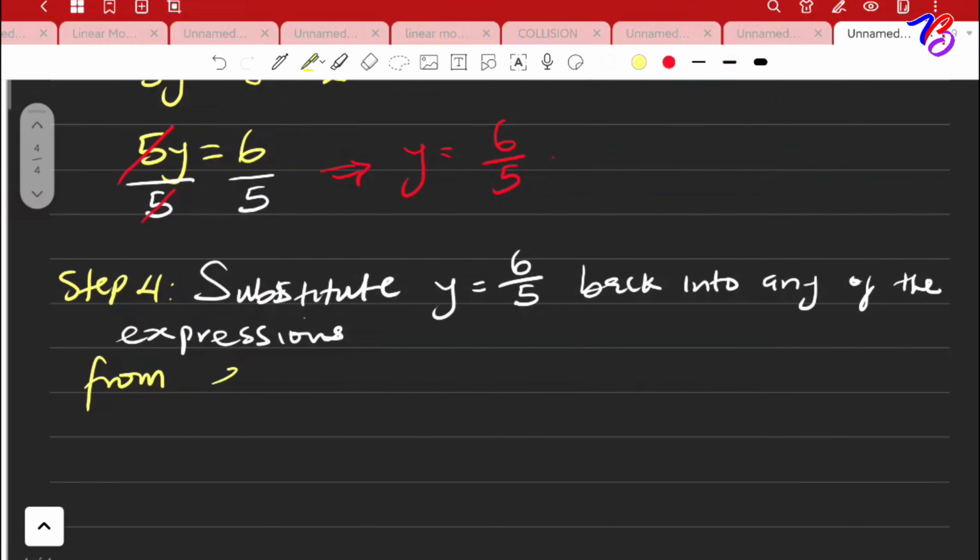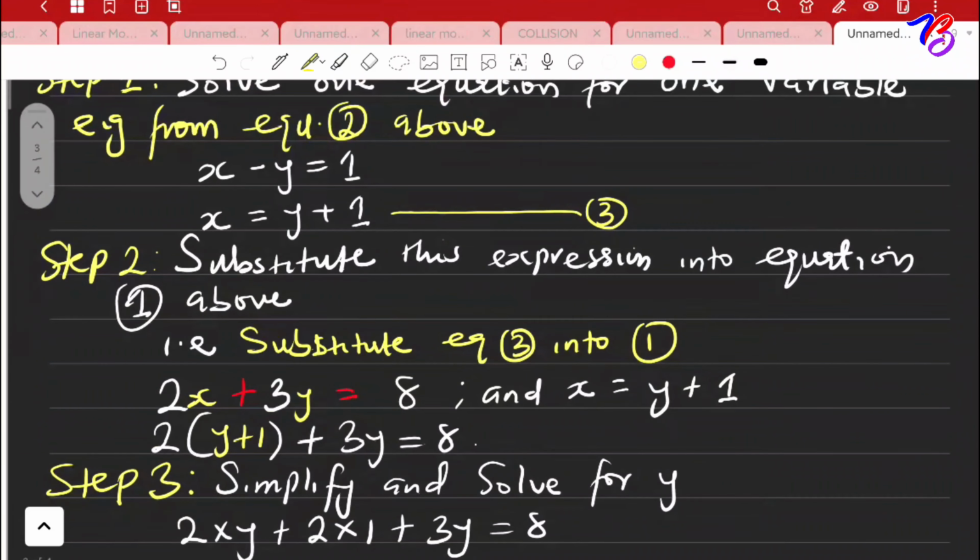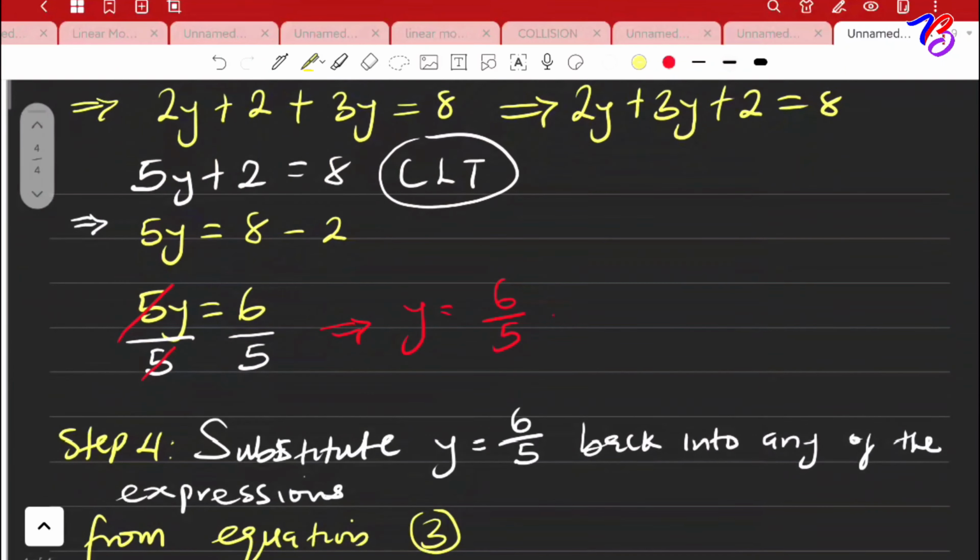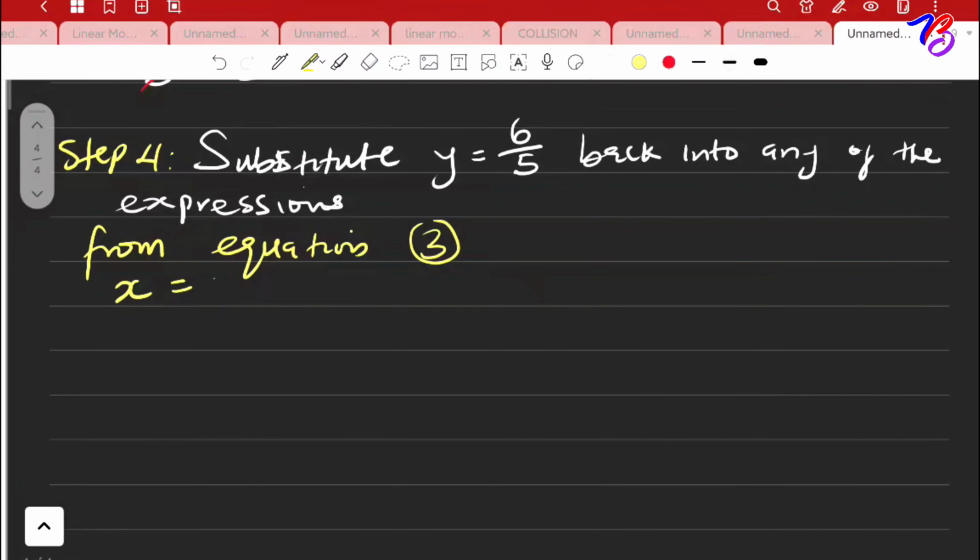So let's pick equation 3. From equation 3, x is equal to y plus 1. Let's copy it. x is equal to y plus 1. We now substitute and say x is equal to 6 over 5 plus 1.